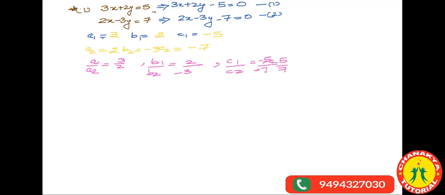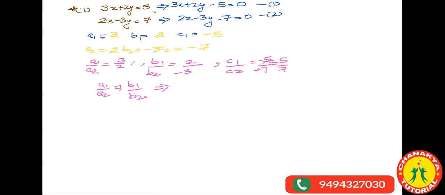So children, if you observe here, A1 upon A2 is not equal to B1 upon B2. We will check only the first two here. So this implies the system is consistent or inconsistent, beta? Why?